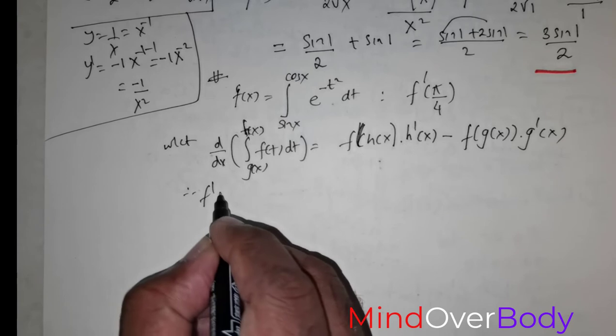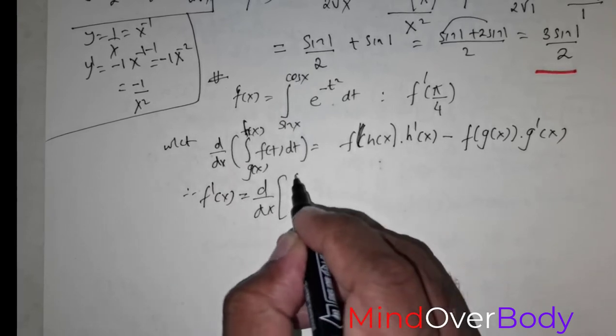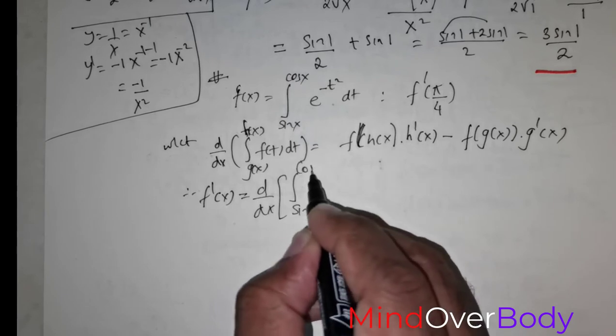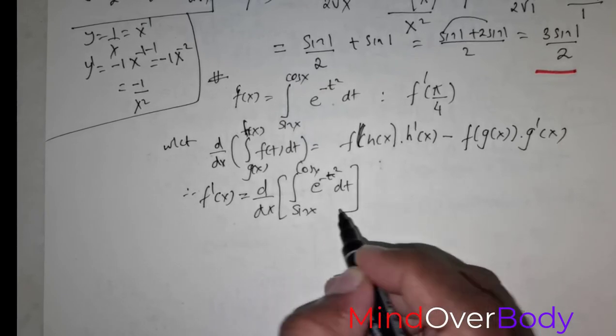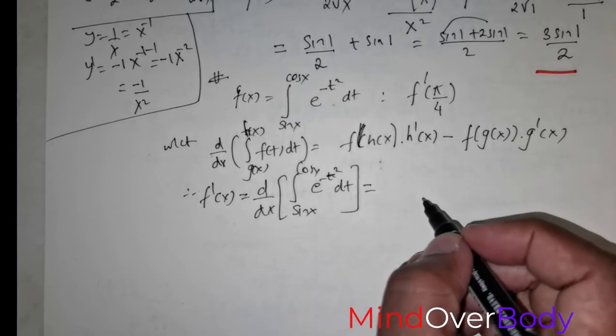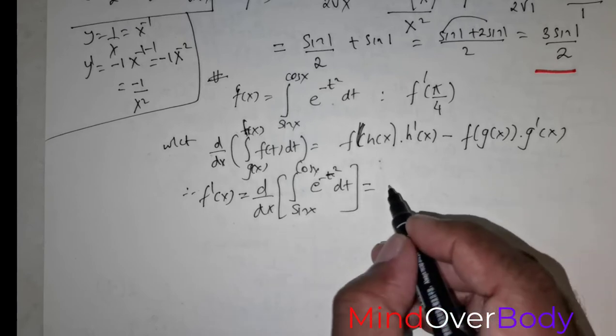So therefore f dash of x is equal to d over dx of the integral from sine x to cos x of e raised to the power of negative t squared times dt, which is equal to, foremost, in place of t we would substitute the upper limit cos x.